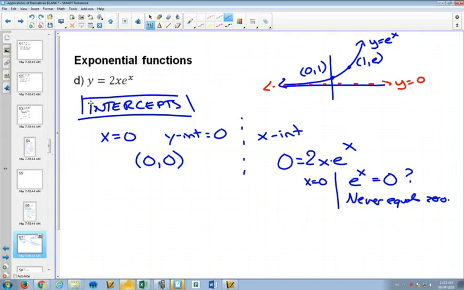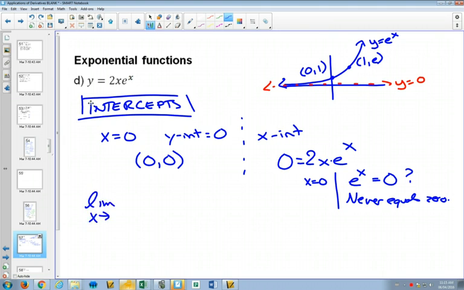For the asymptotes on this one, what happens as x gets really, really big or really, really small? This one's a complicated one. We're going to rely on our graphing calculator to look at asymptotes on this one.